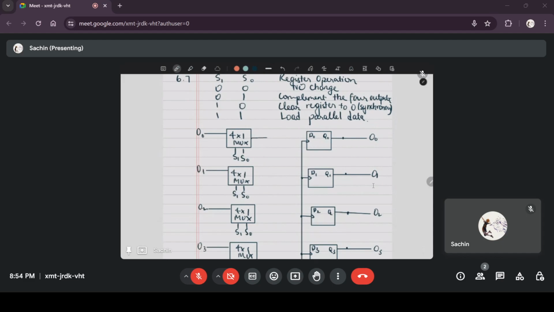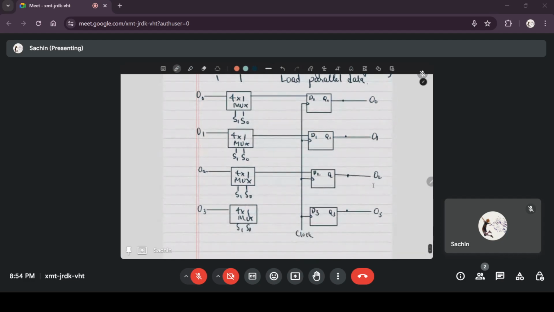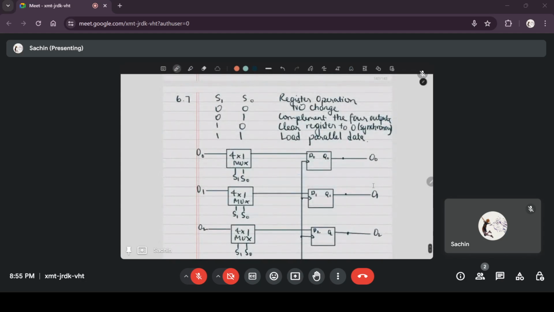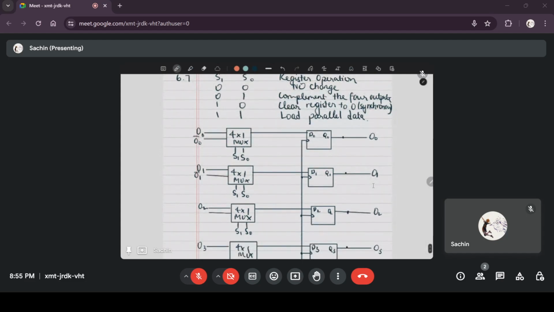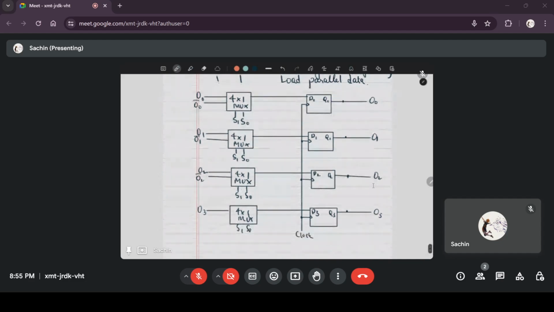And the output of the mux is fed as the input of the D flip flop. When S1 S0 is 0 1, you have to complement the four outputs, so you have to give O0 complement, O1 complement, O2 complement, and O3 complement.